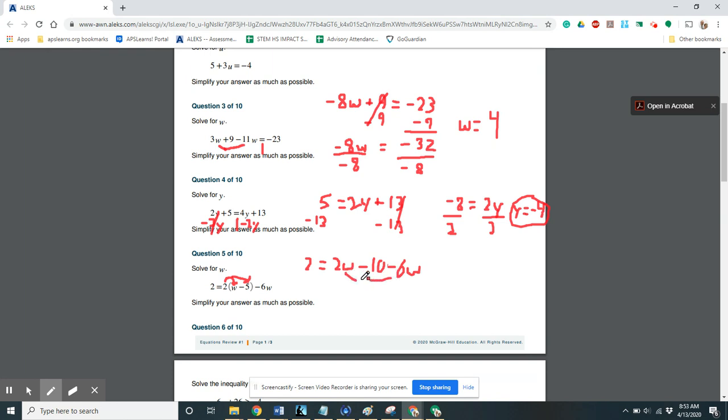Combine the like terms. 2w minus 6w is negative 4w. So we have 2 is equal to negative 4w. Again, we're combining because they're both on the right side. Now I have to get rid of the negative 10 and the negative 4. Let's add 10. 2 plus 10 is 12.